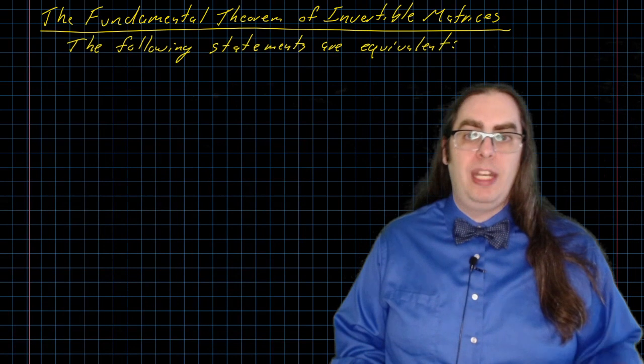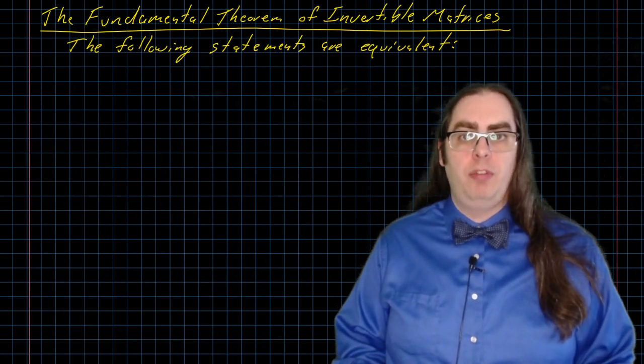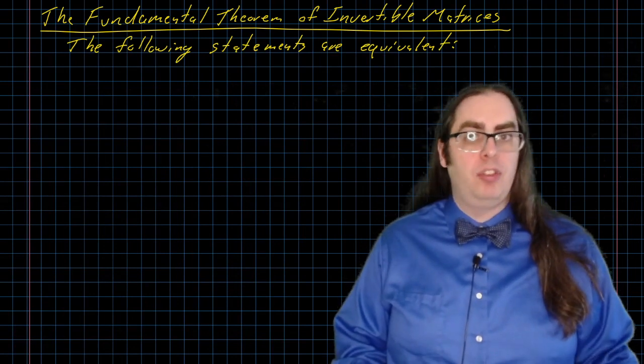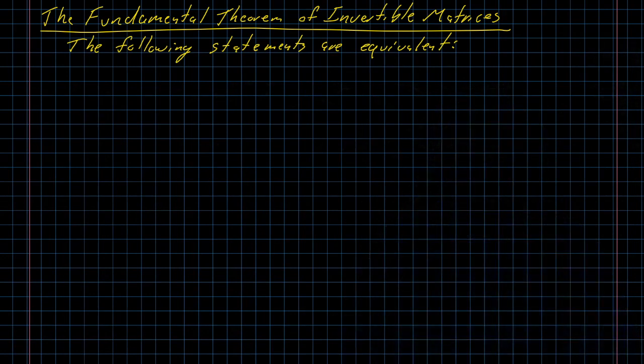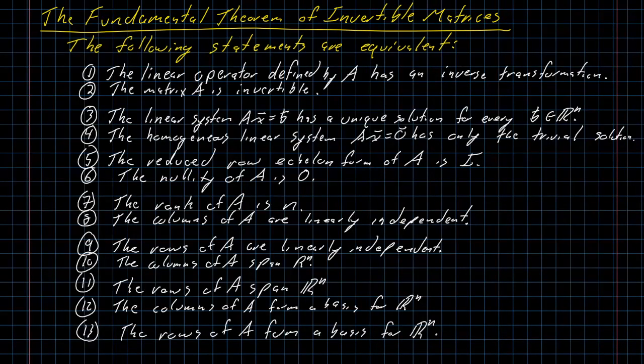And if you know that any one of these statements is false, then every other statement must also be false. All right, let's list all of these out. All right, that pretty well fills the screen. I apologize, I know it's tiny. You may want to look in your book and see this printed out instead of trying to read what I have scribbled on the screen, but I wanted to try to fit the whole thing.